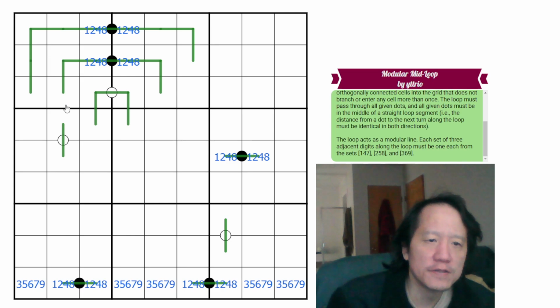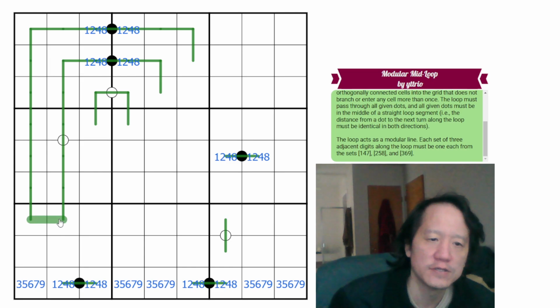So if we connect this way, that means this has to extend twice. This has to go all the way around here to here, and it could connect this way. And in fact, it probably has to.